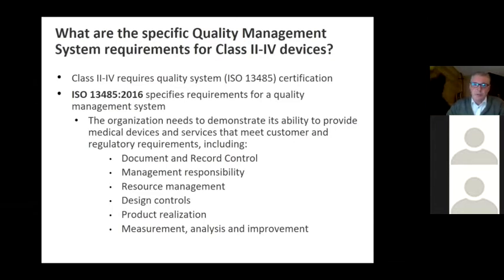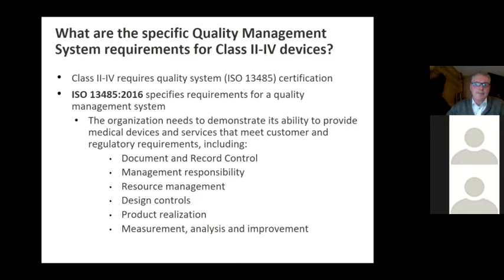And just some of those basic requirements are document and record control, ensuring management responsibility and accountability, that there is appropriate resource management to ensure the ongoing supply and safe, high quality supply of those products, that design controls are followed. In other words, that the product does not get changed without it being documented and applied for a subsequent authorization to sell that changed product.